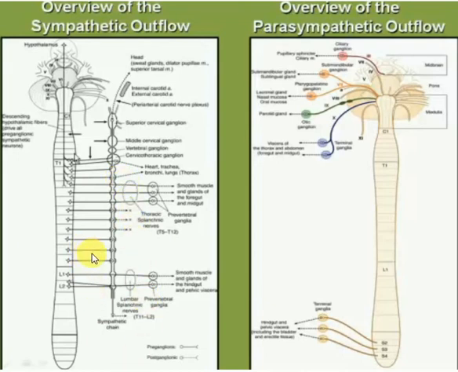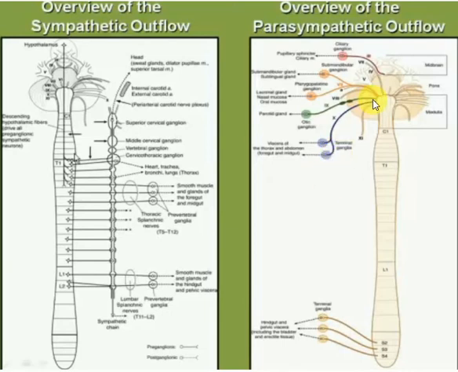Once again, in the sympathetic system, the postganglionic cell bodies are located close to the central nervous system. Therefore, the preganglionic fibers are short, the postganglionic fibers are long, and in the parasympathetic system it is the opposite.